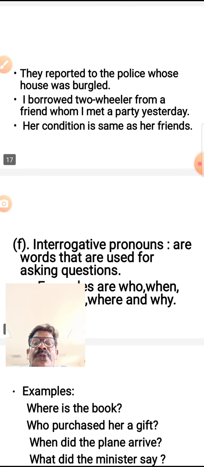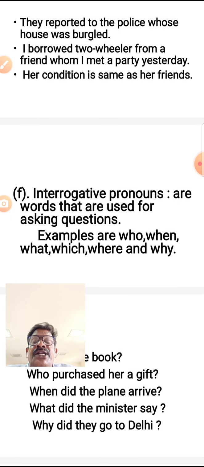Then next, let us come to another kind of pronoun, that is interrogative pronouns. Interrogative pronouns are used for inquiring, asking questions.